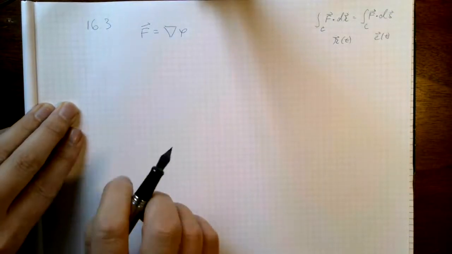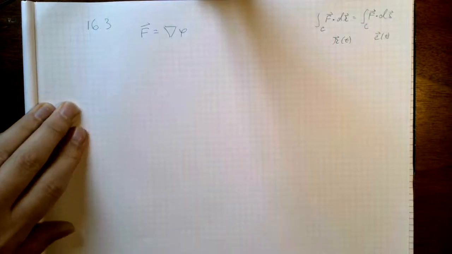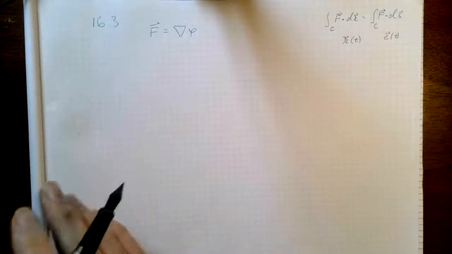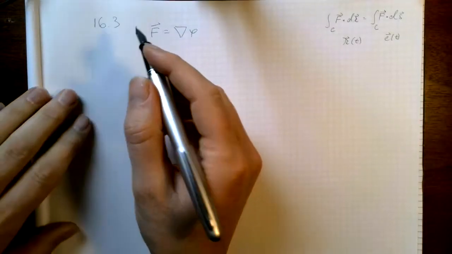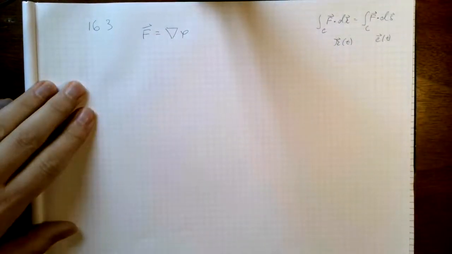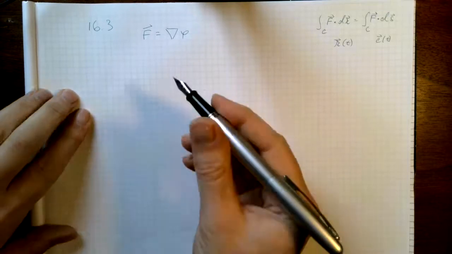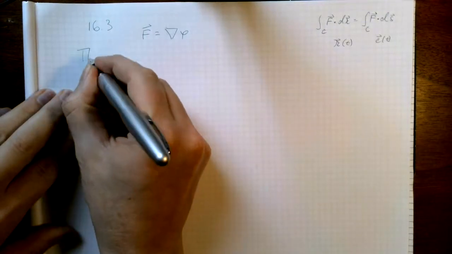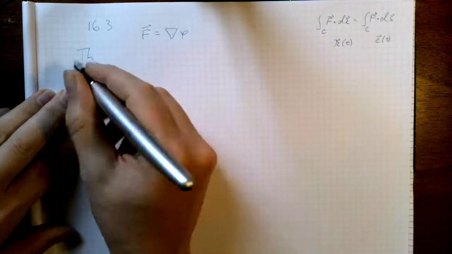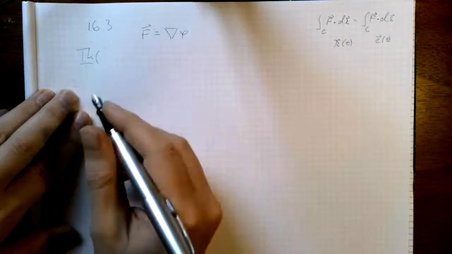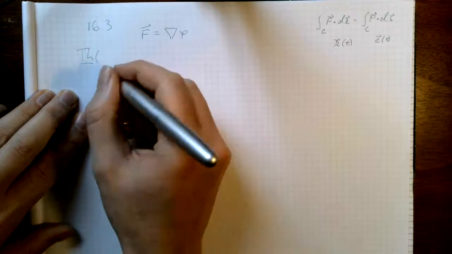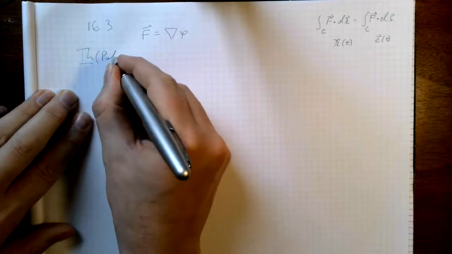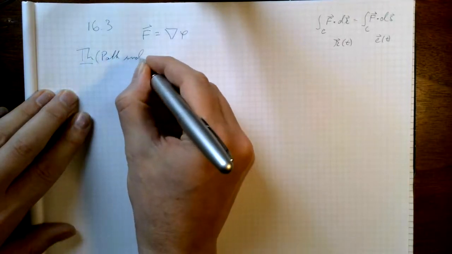let's come back to conservative vector fields. So really, what conservative vector fields are, and this is the way that we want to think about it, is a theorem: path independence.